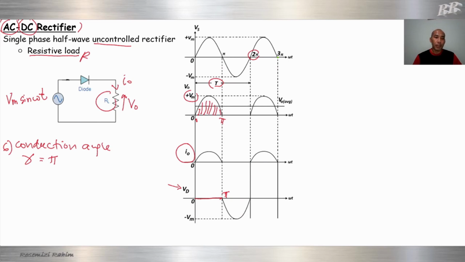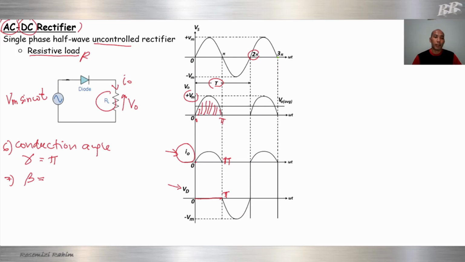The 7th parameter is extinction angle, called beta. Extinction angle is up to what angle the current flows through the diode. Looking at the current response, we can see that the diode conducts current up to pi.